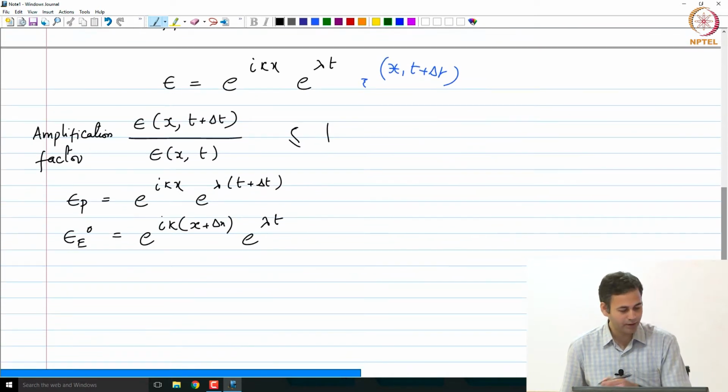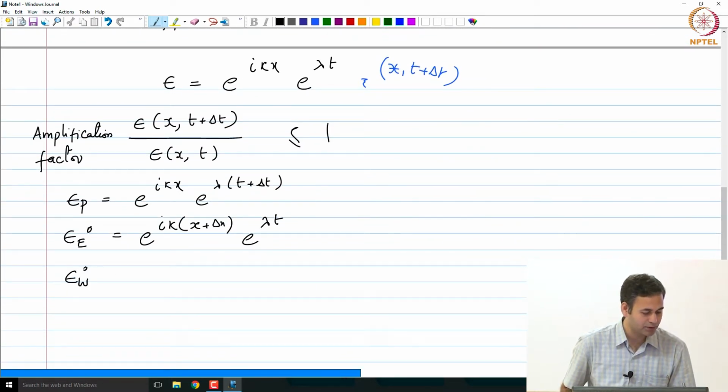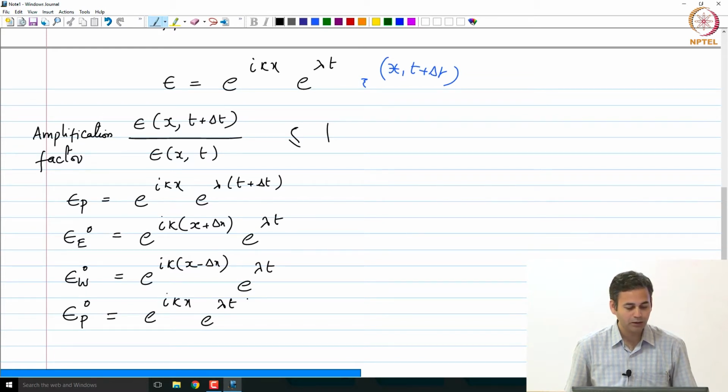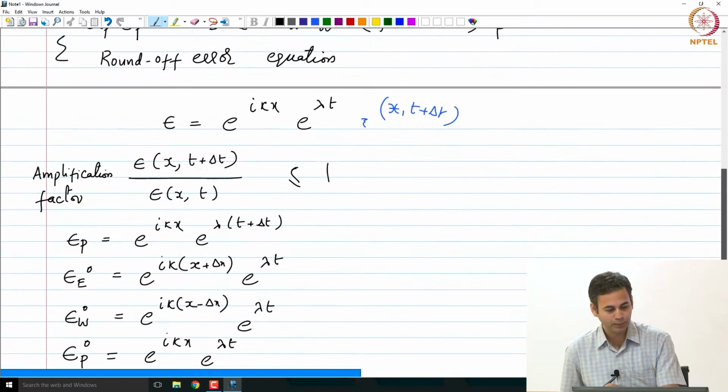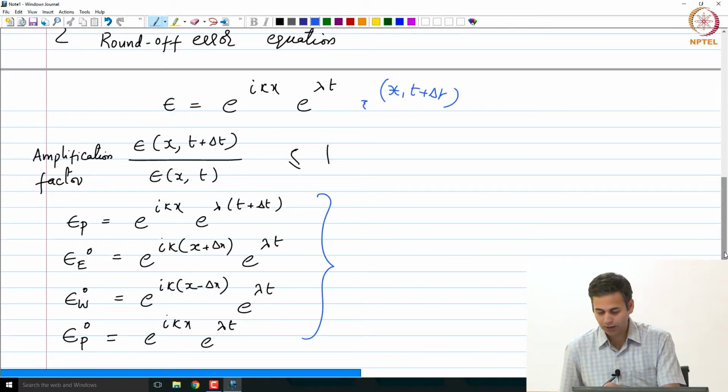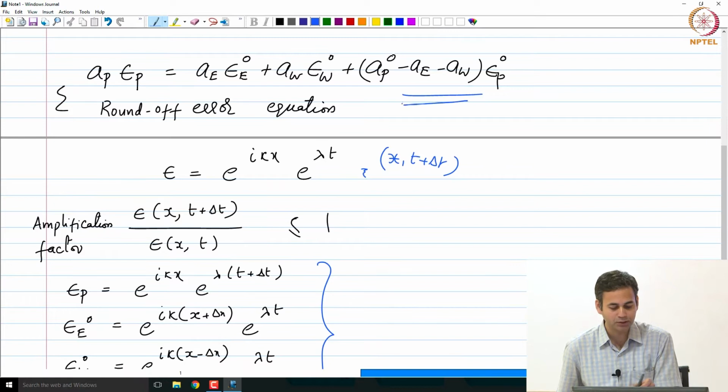Similarly, we can plug in the other quantities: epsilon west 0 is e to the power I k x minus delta x, e to the power lambda t, and we have one more quantity, epsilon p at the previous time level, epsilon p 0, which is e to the I k x e to the lambda t, that is all. Now, we want to substitute all these values into the governing equation, this one, right.